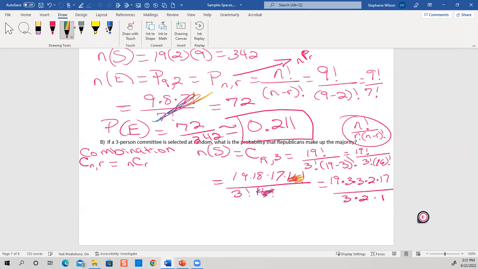Now let's do what I was fixing to do. One of the 3's on top reduces with the 3 on bottom, and the 2. And now I have 19 times 3 times 17. So let's multiply that out. 19 times 3 times 17 is 969.